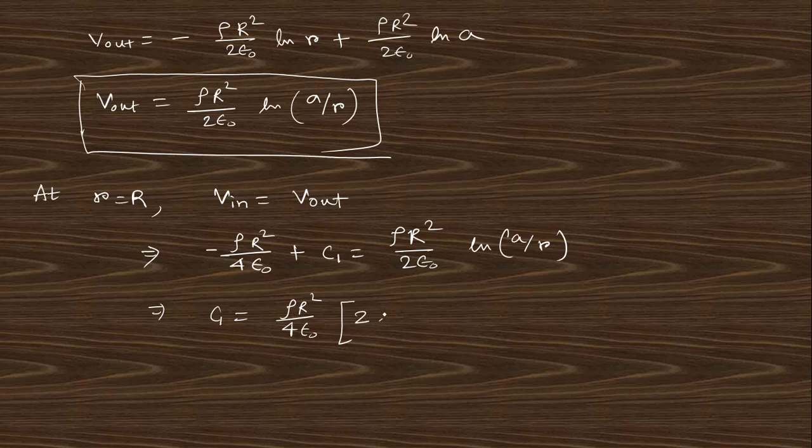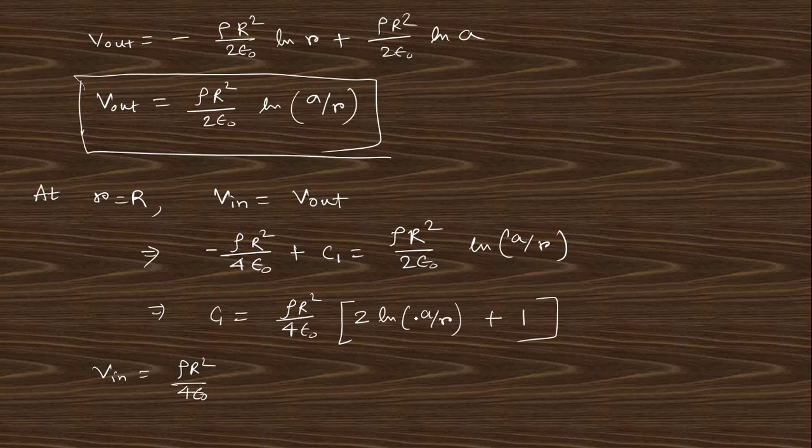So you get 2 ln a by R plus 1. So finally we got V in is this plus C1.